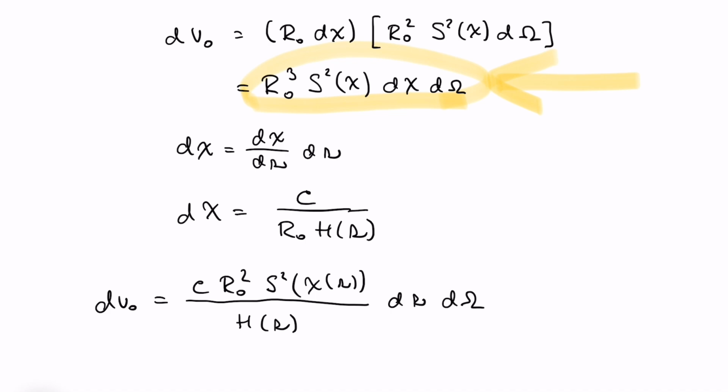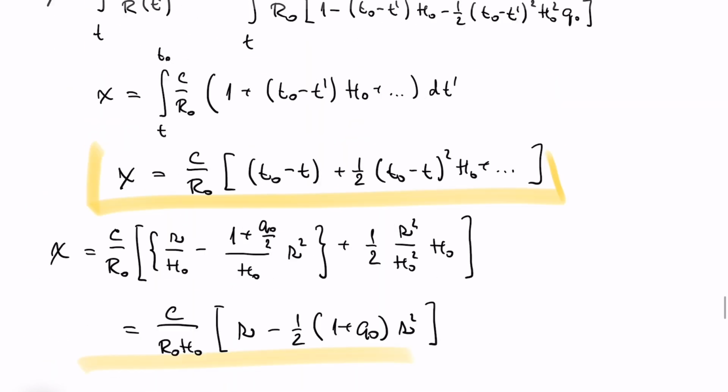And the only time dependence in this is in R. So if we know how R is time dependent, then we can plug it in. Now the look back time can also be expressed through the redshift, which we use here. So we'll stick with the redshift and express everything with the redshift.